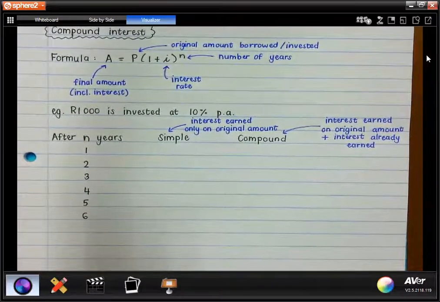So I'll show you now what that means, what the implications of that would be if we're actually doing the calculations.